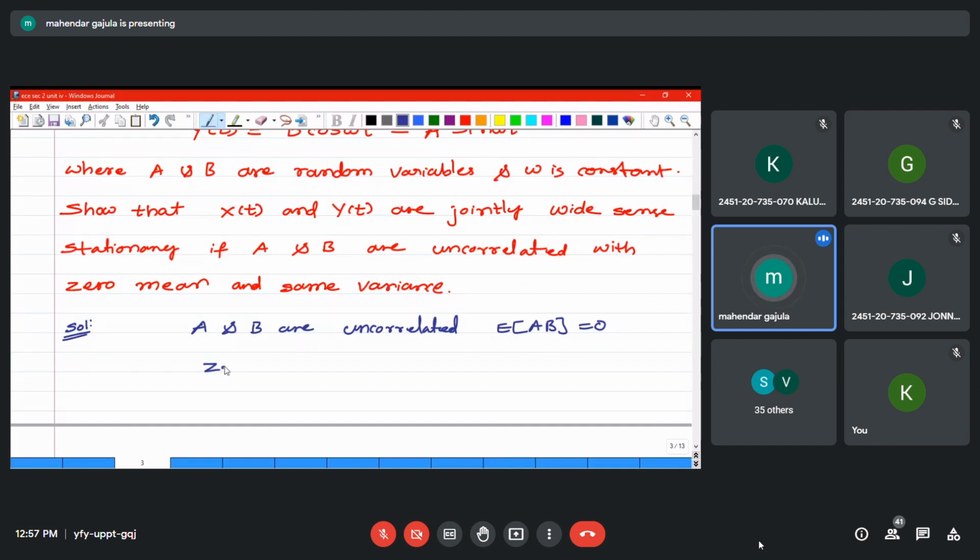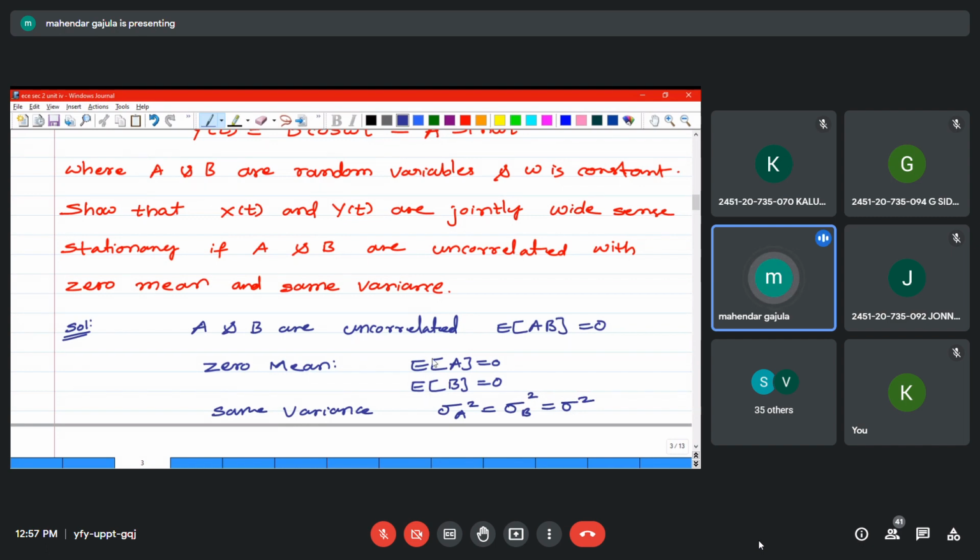Zero mean is given. Zero mean means the expectation of A is 0, and the expectation of B is also 0. And same variance means variance of A and variance of B are both equal. Let us take them as sigma square.